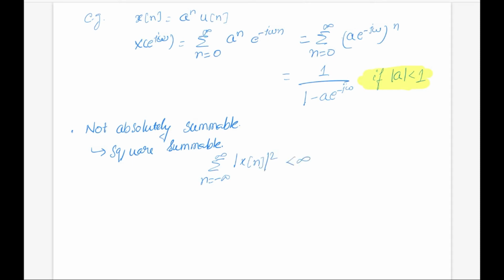These can be represented by a Fourier transform if we relax the condition of uniform convergence of the infinite sum defining the Fourier transform.